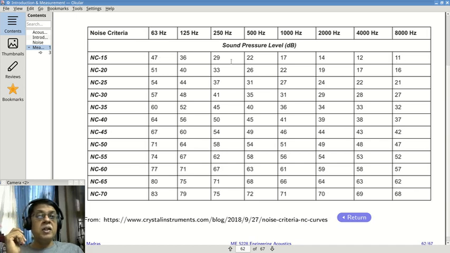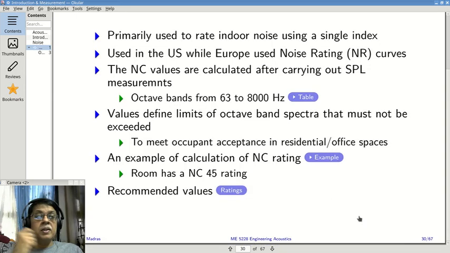So an NC 15 curve would be something like this with these recommended values, right? So you qualify and say my room has a rating of NC 45. That means this is the curve your measurements come closest to. So the values define the limits of octave band spectra that must not be exceeded.